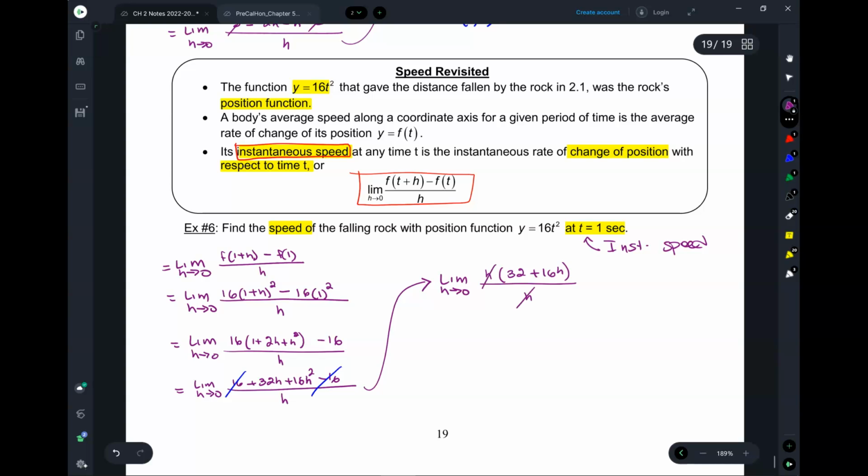These go away. There is no need to worry because one of them is going to be 0. So 32 plus 16h, and that will be 32. So the speed at 1 second is 32 units per second, like meters per second, miles, whatever, okay? Since it's 16, it'll be feet per second.